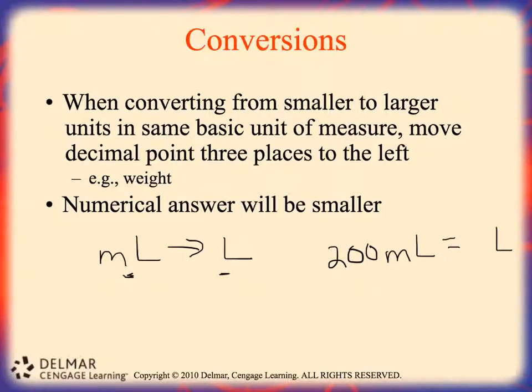We take our 200, and of course our decimal point would go right there, and we would move it 1, 2, 3 places. Our answer would be 0.2 liters, because we have to have that leading 0 without a whole number. That makes sense because we're going from smaller to larger, so this number is going to be smaller because we're measuring in larger units, so it'd be 0.2 liters.